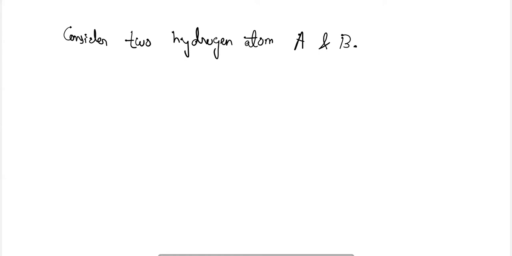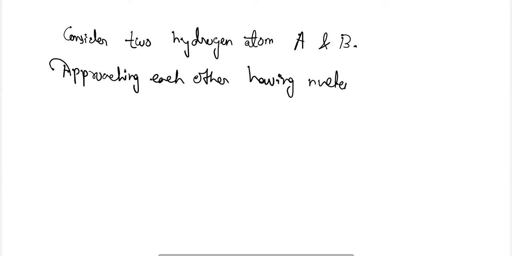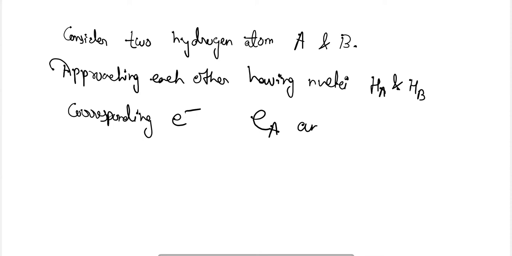Consider two hydrogen atoms, A and B, approaching each other, having nuclei HA and HB with corresponding electrons EA and EB.